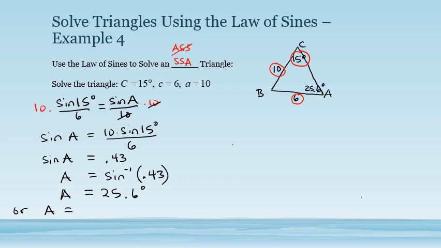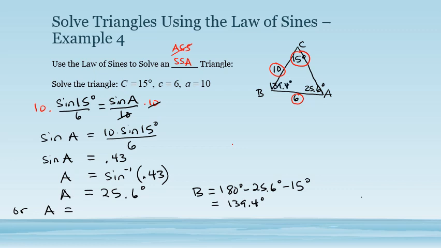Looks like I've moved on to angle B. Angle B is going to be whatever 180 degrees minus 25.6 degrees minus 15 degrees is. So angle B, it looks like, is going to be 139.4 degrees.